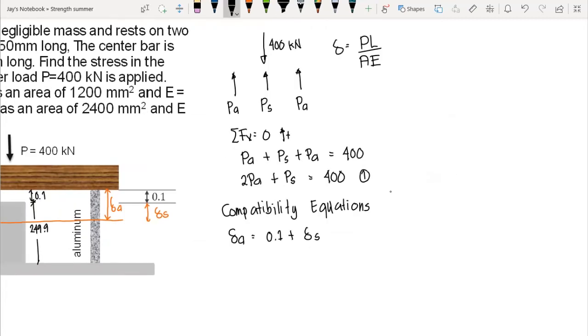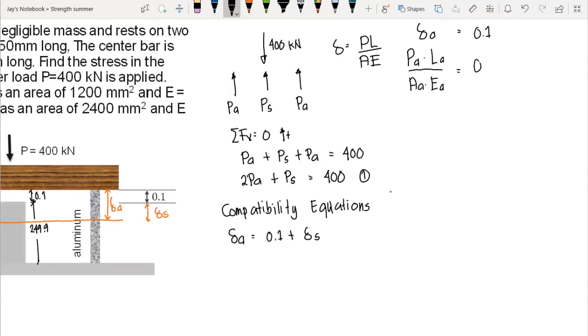So we could say that our deformation of aluminum is equal to the force in the aluminum times the length of the aluminum over the area of the aluminum times the modulus of elasticity of the aluminum, is equal to, take note, 0.1, correct?